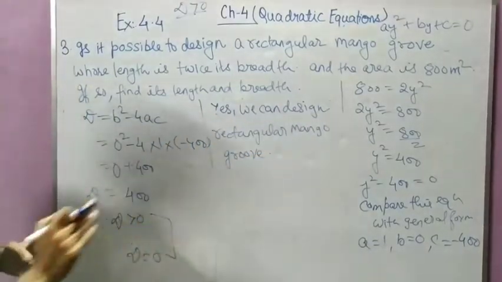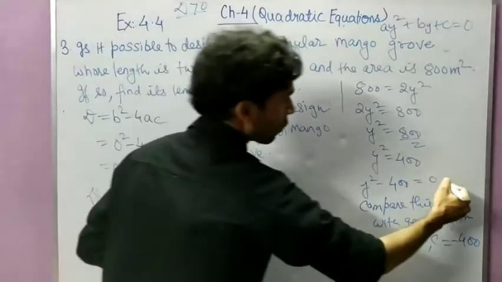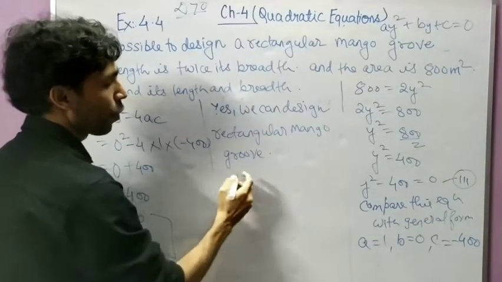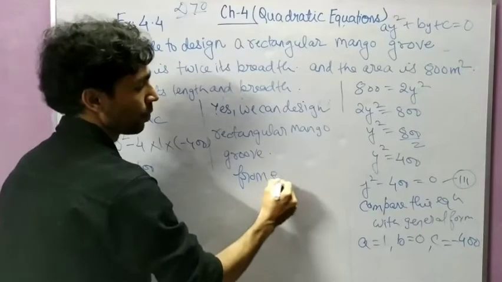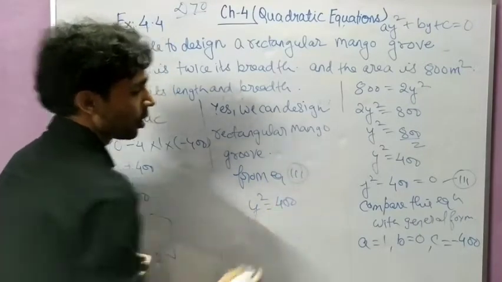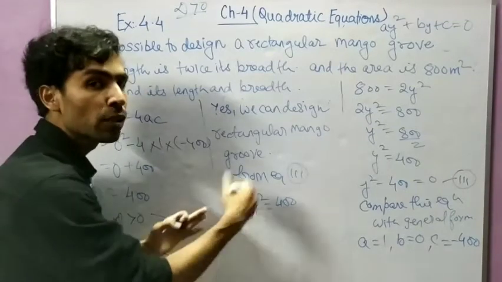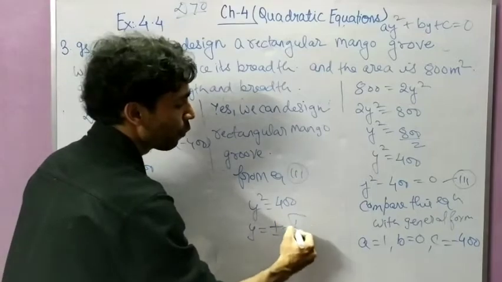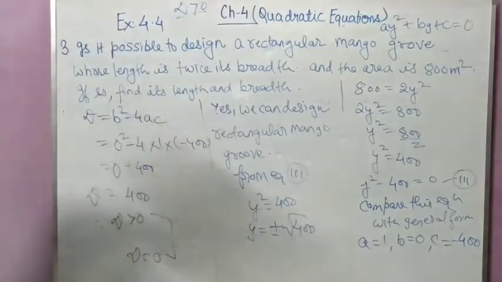Now we have to get the length and breadth. So suppose it was equation number 3. Equation number 3 is y square is equal to 400. Now when y square goes to the other side, it takes the square root. So y is equal to plus minus under root 400.